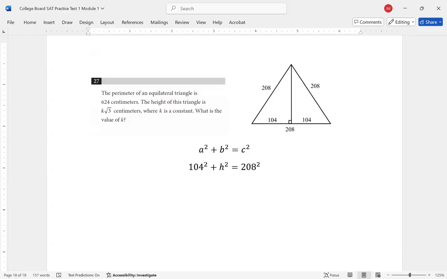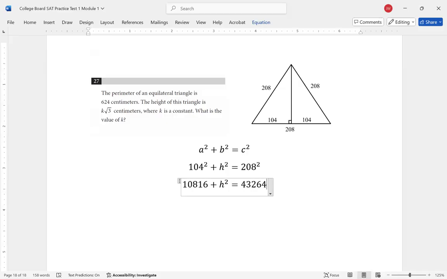And I'll go through this option. If we take 104 and square it, and take 208 and square that. 104 squared is 10,816. 208 squared is 43,264.